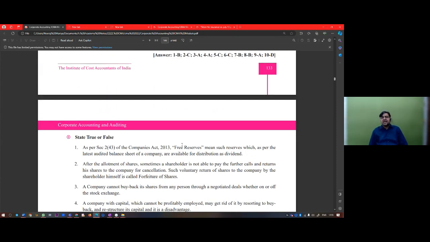As per Section 2, free reserve means reserves which are freely available for dividends. The statement is true. Voluntary return of shares is not called forfeiture of shares. It is called surrender of shares.